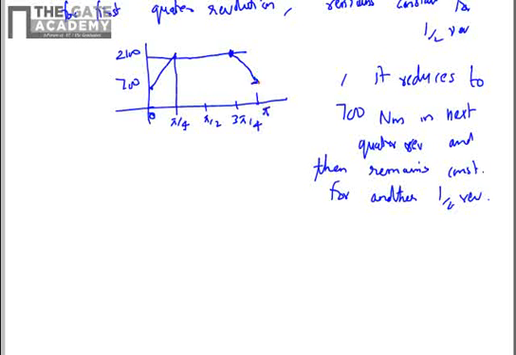It will reduce again to 700, and then it will remain constant again for half the revolution, that is from pi to 3 pi by 2.